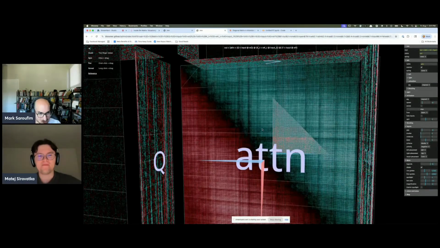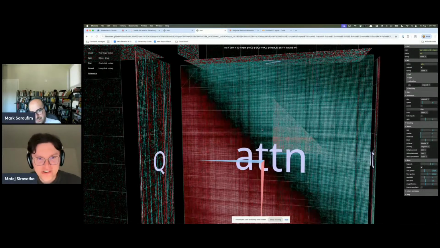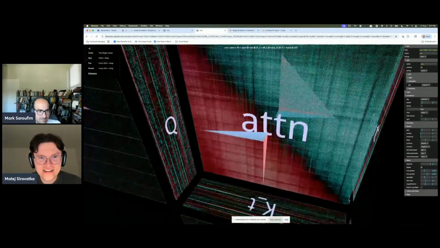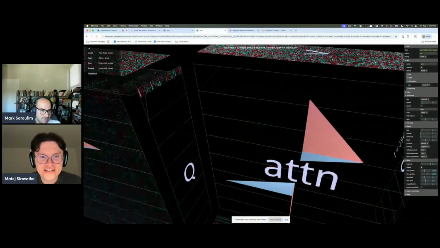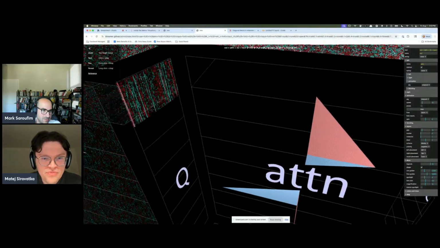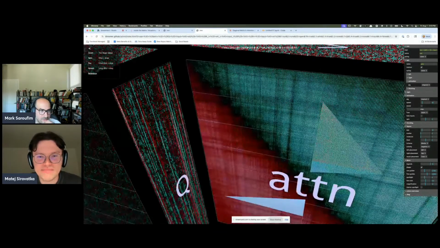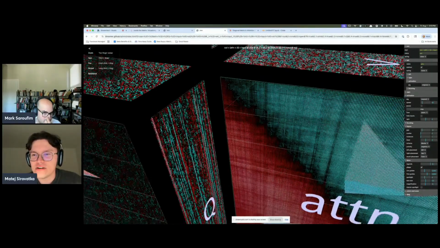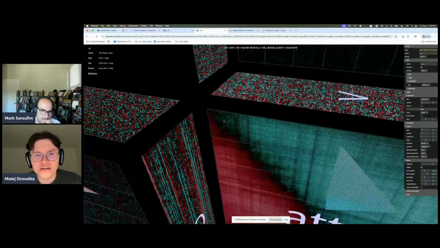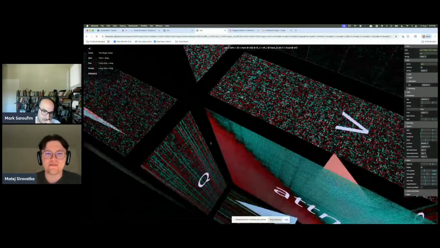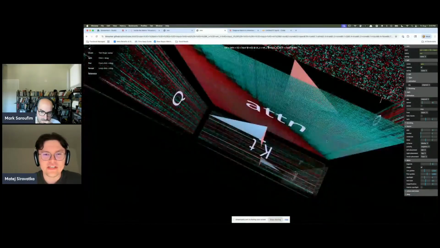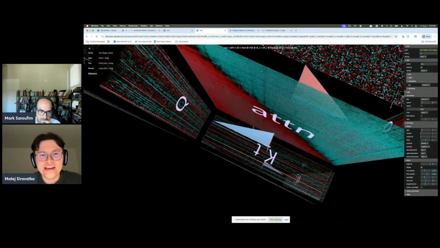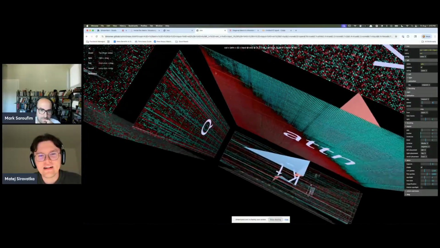Okay, so the first token in Q, that's the first row. You just do basically a cosine similarity with the first token in K. So red and blue will give you blue.